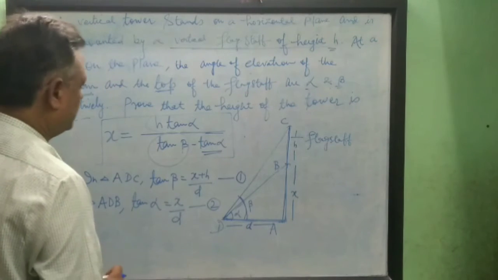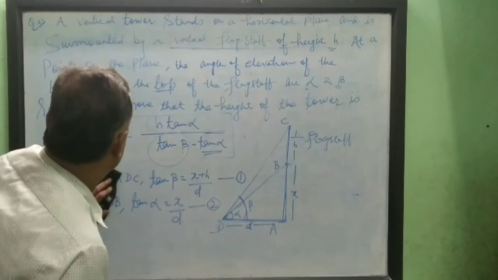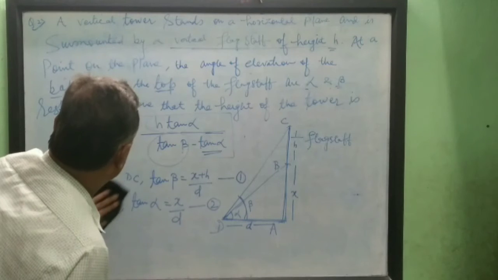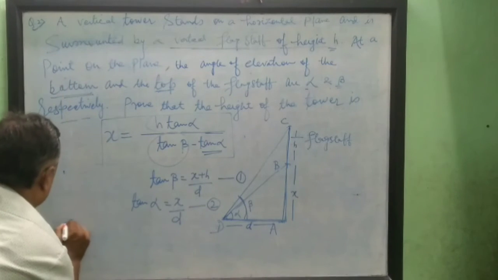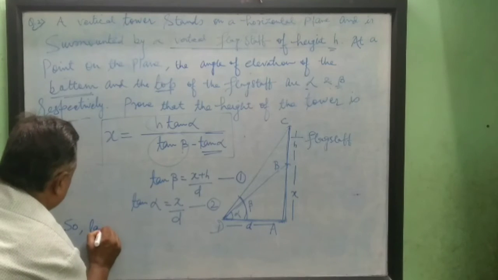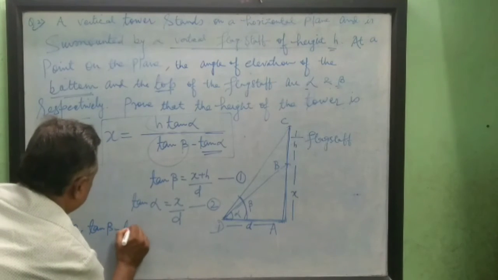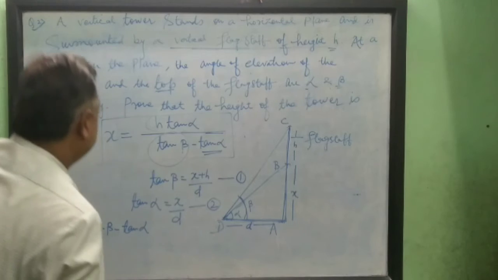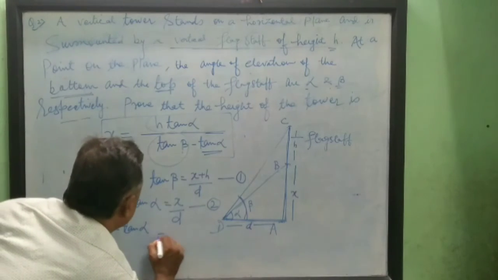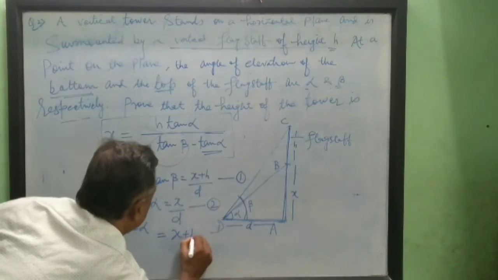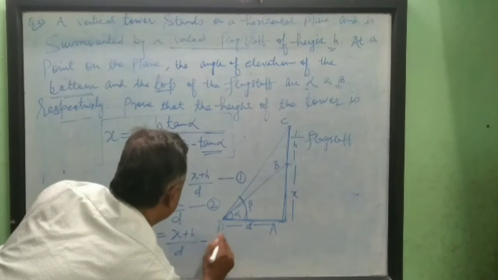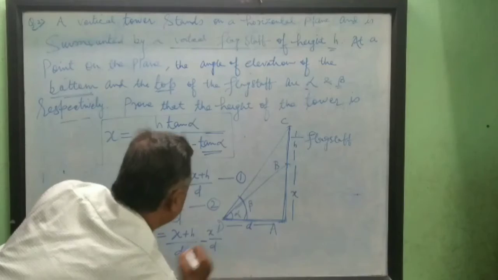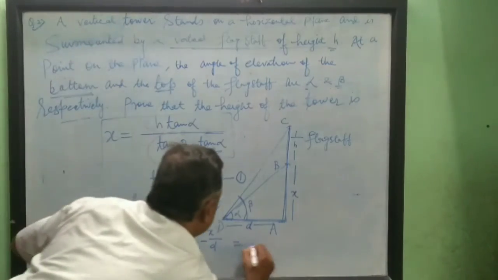So tan beta minus tan alpha is equal to (x plus h) by d minus x by d. Take LCM.